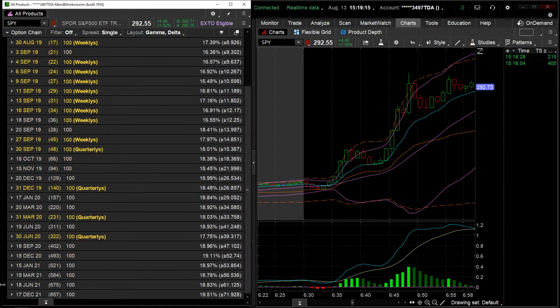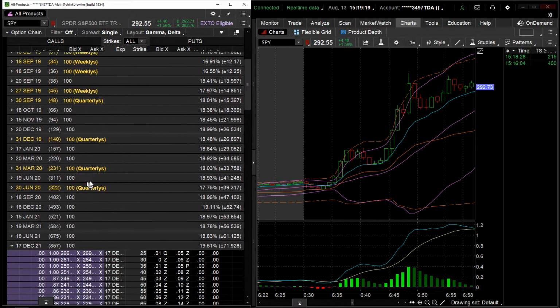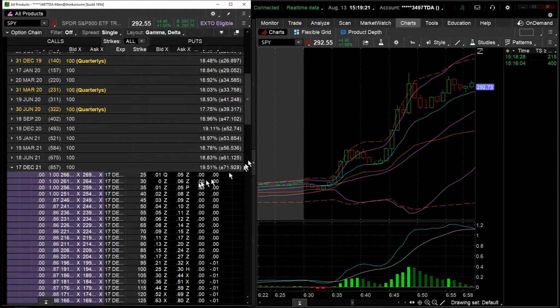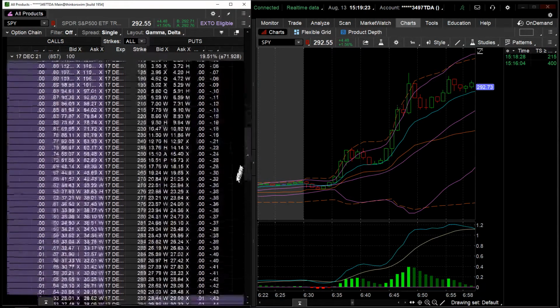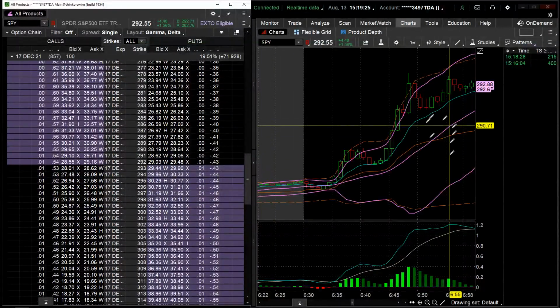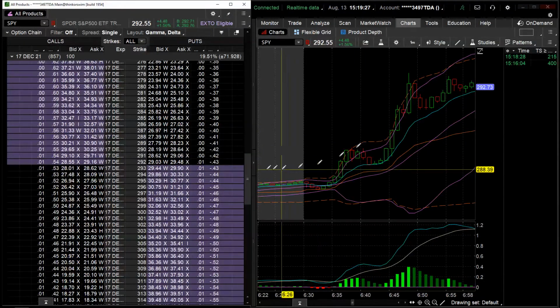So if we try to buy a contract down at December 17, 2021, if this was within market hours, we would see that the price is not even ticking. There is no potential for me to make money right here, especially because the contract is $29 on the close.